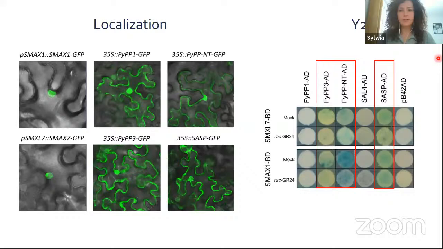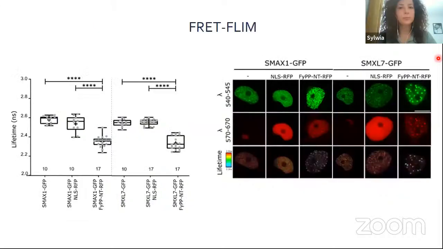Then we performed FLIM analysis. So we co-expressed SMAX7-GFP, which was our donor, together with the N-terminal part of FYPP, FYPP NT, fused to RFP.